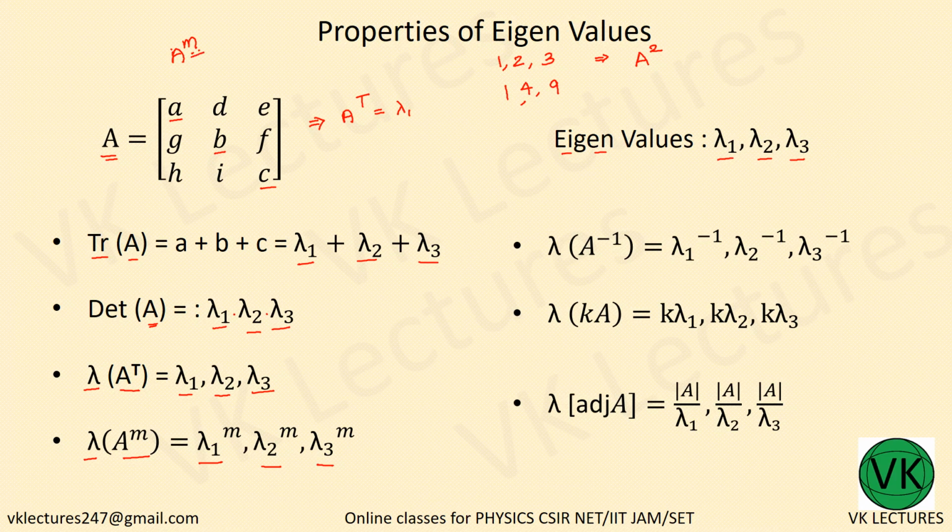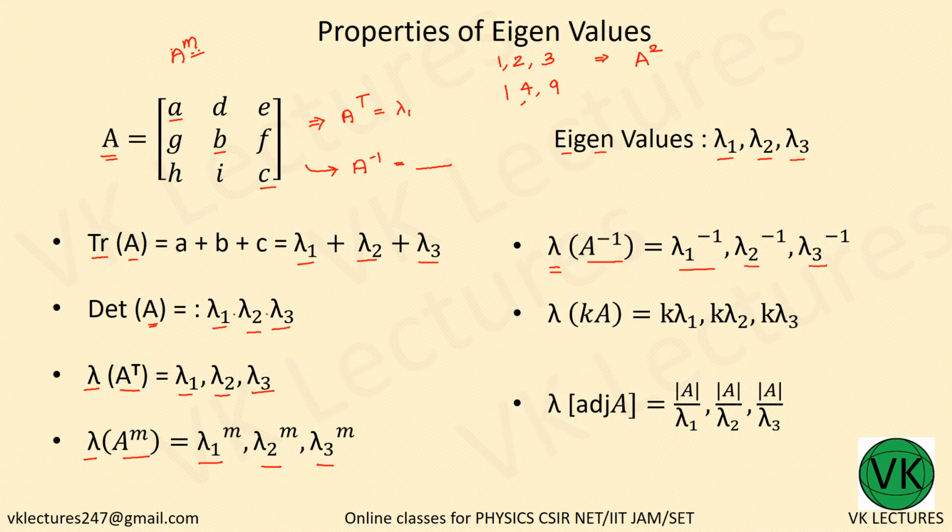Okay, now the lambda values for A inverse. For example, I find the inverse of the matrix, that is A inverse, then how will the lambda change? It will become lambda 1 power minus 1, lambda 2 power minus 1, lambda 3 power minus 1.